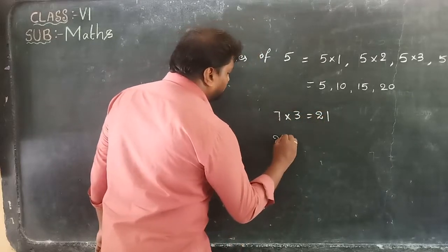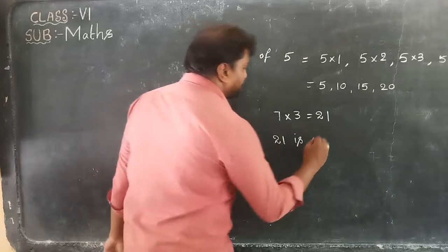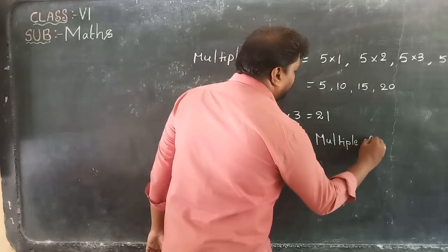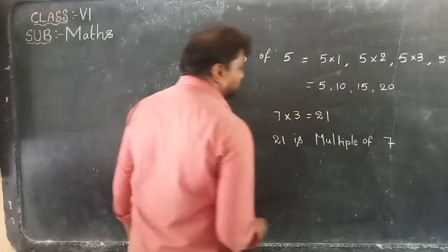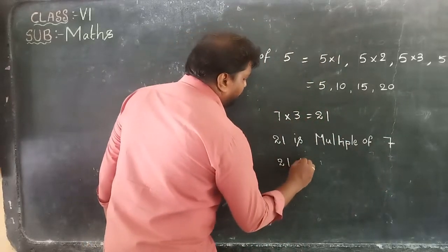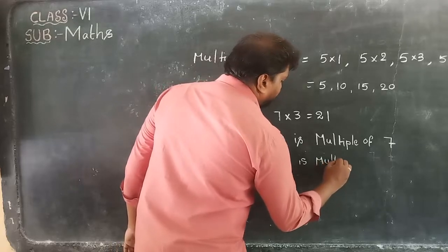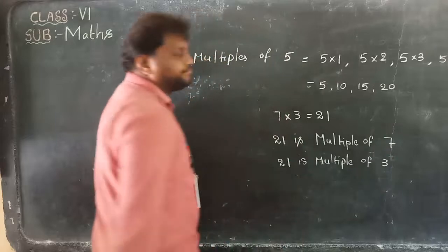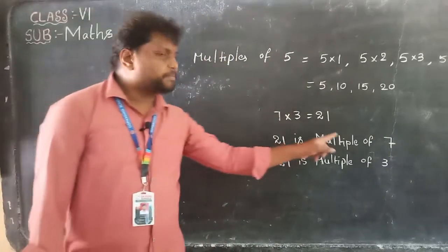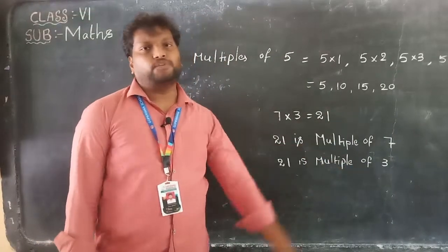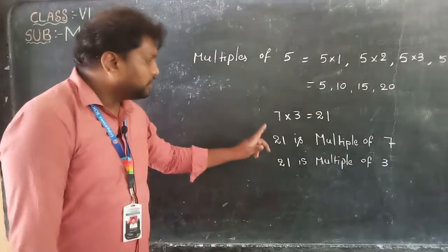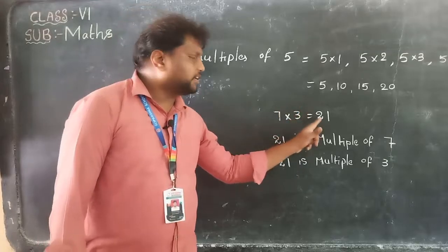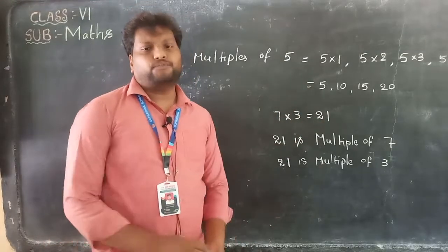Then 21 is a multiple of 7 and 21 is a multiple of 3. We have to read it like this. And 7 is a factor of 21 and 3 is also a factor of 21.